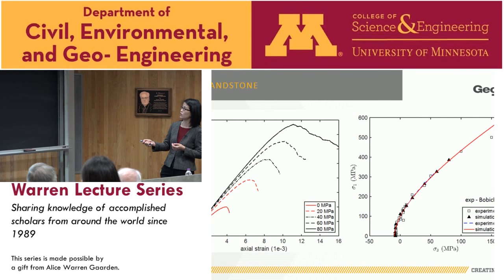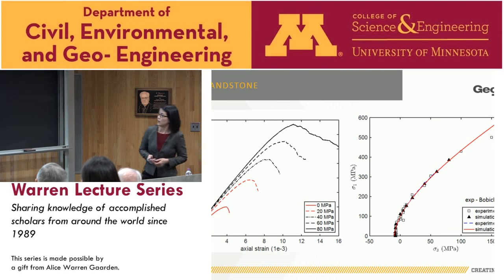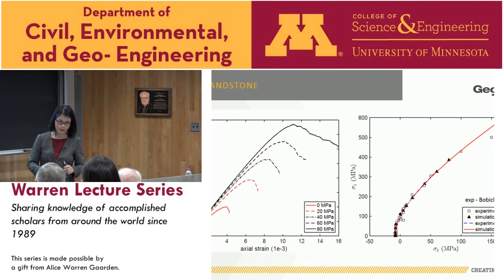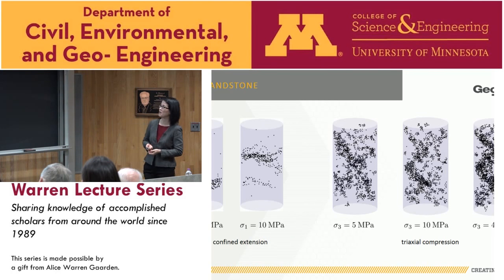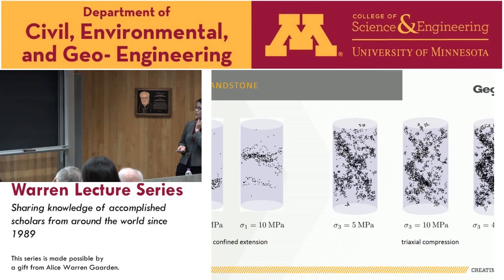There is a dashed blue line you can barely see underneath. That's how good the fit is. So with that, I hope I've convinced you that we have a nice, interesting model that could capture the rock failure behaviors quite nicely.